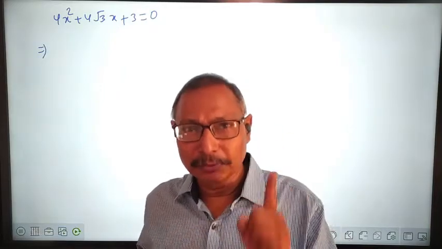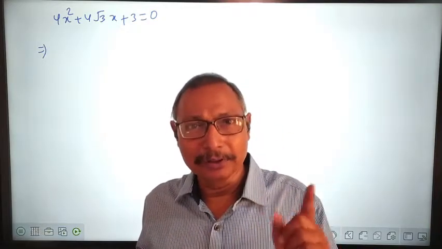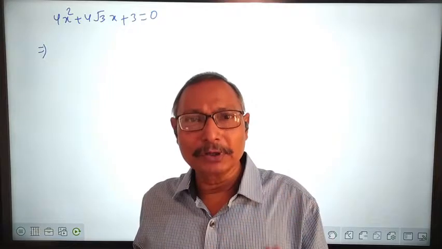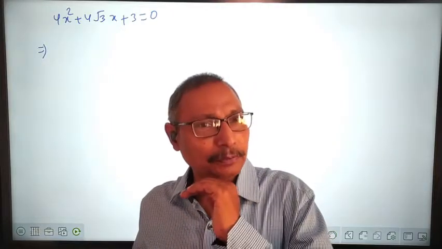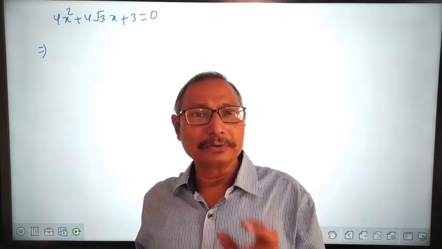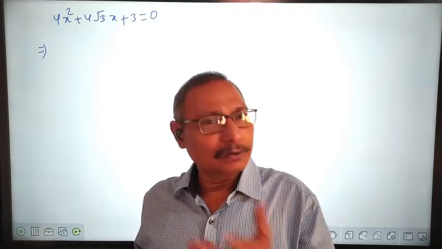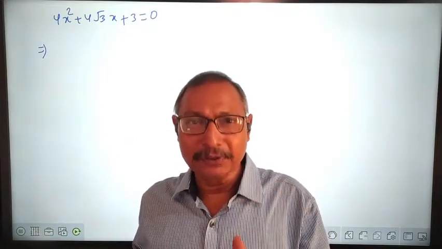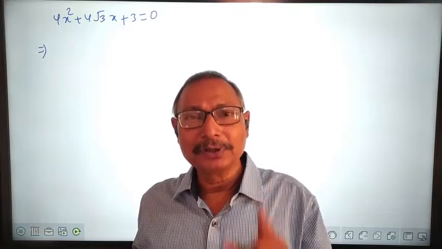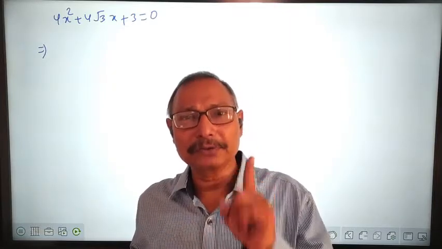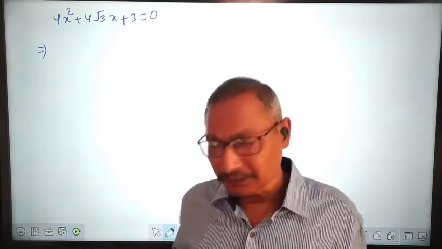However, 4x square is a perfect square, and we can proceed to use that one as a perfect square, but personally, I prefer to make the coefficient of x square 1. So I am making that one.